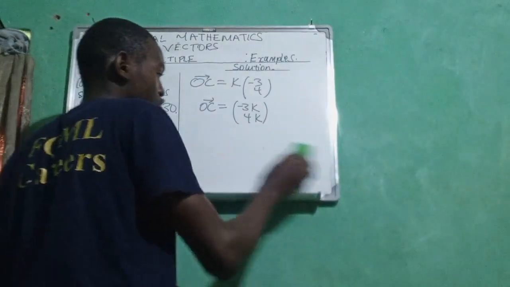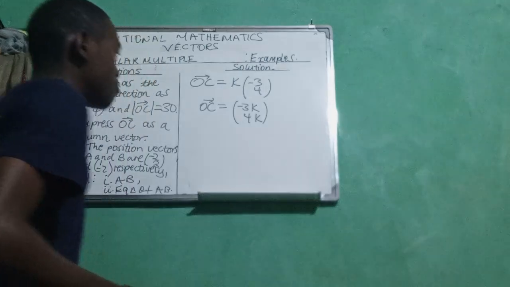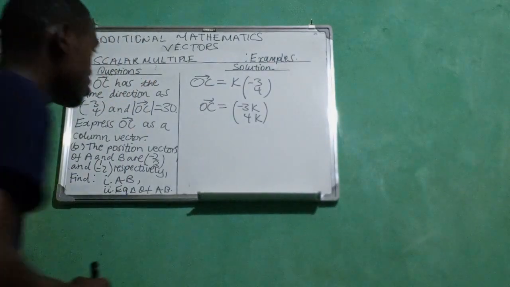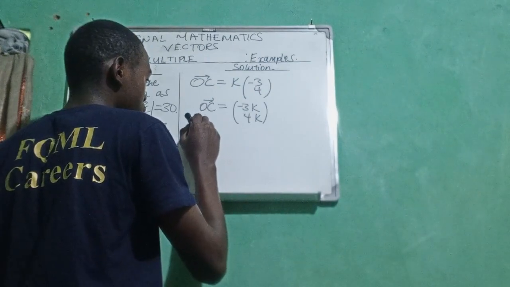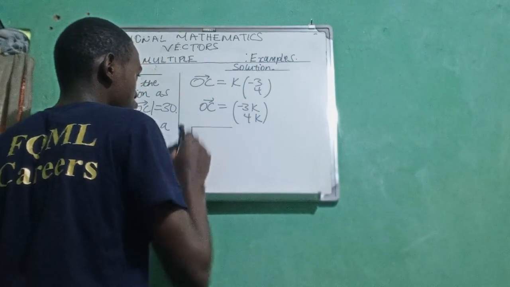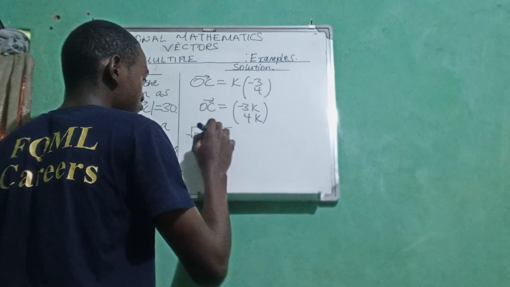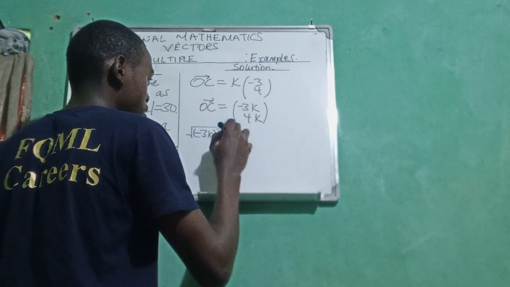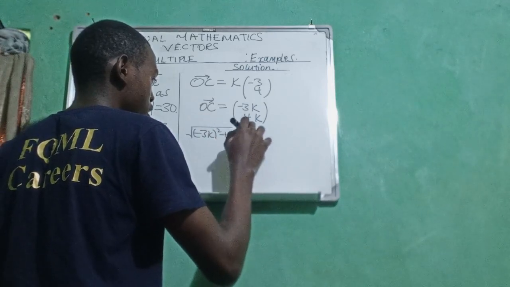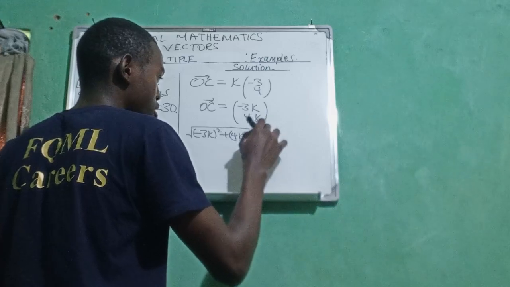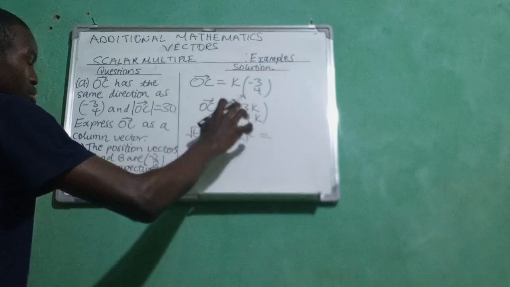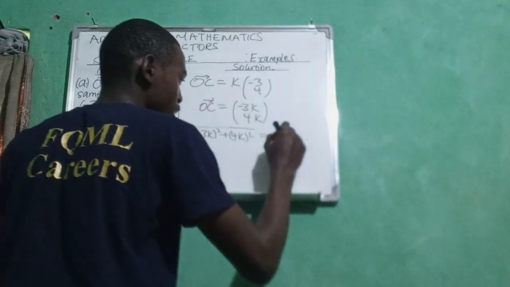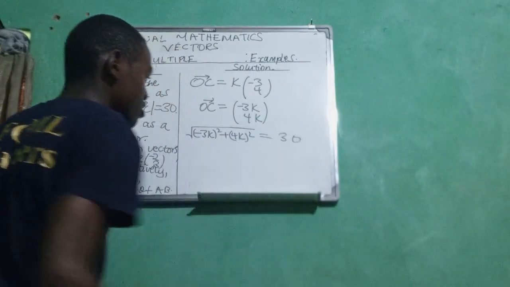Then in this question, we are going to say that the square root of (-3k) squared plus (4k) squared is equal to 30, since they told us that the magnitude is 30.